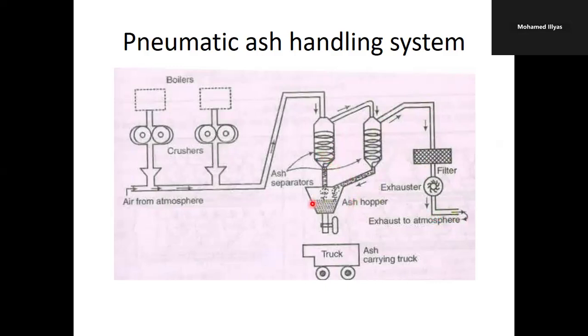The ash collected in the ash hopper will be taken by the ash carrying truck and disposed of. In this way, the pneumatic ash handling system is used to collect the ash from the boiler unit and dispose of it.